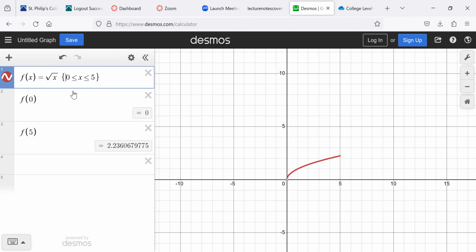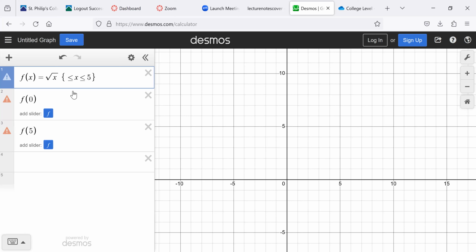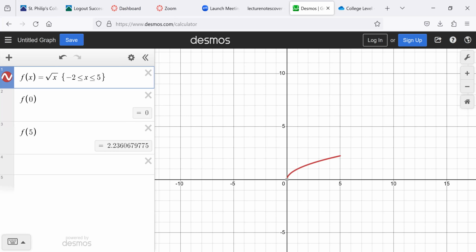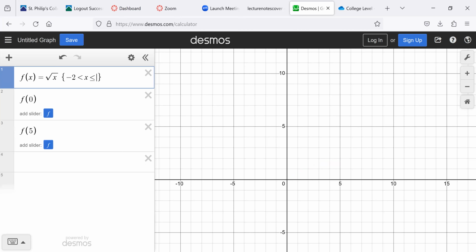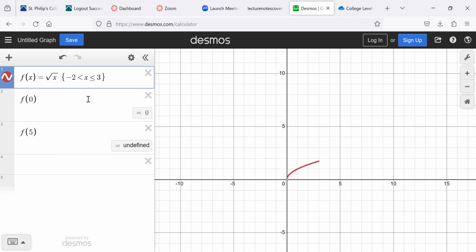Then x is from -2, not equal to, so 3. If it's not equal to, see how there's a line underneath, that's gonna be a hole.